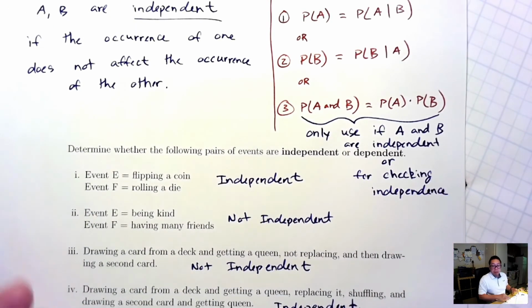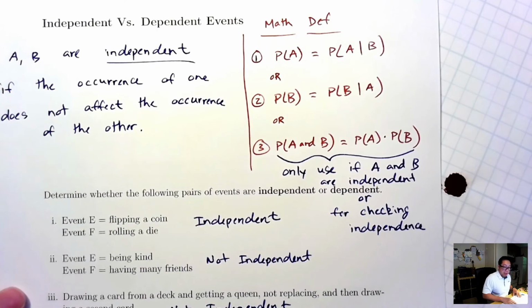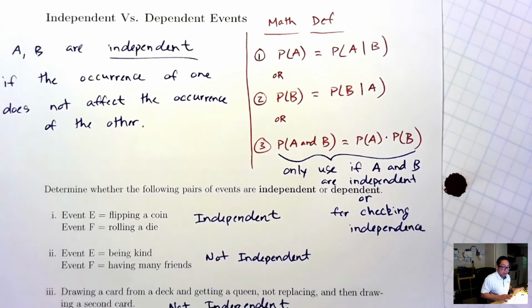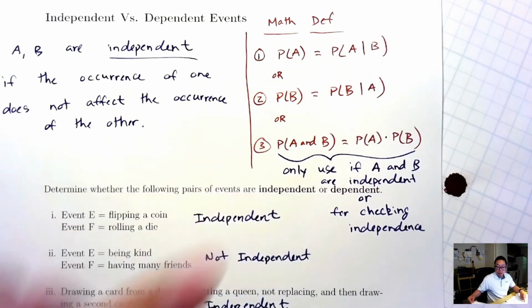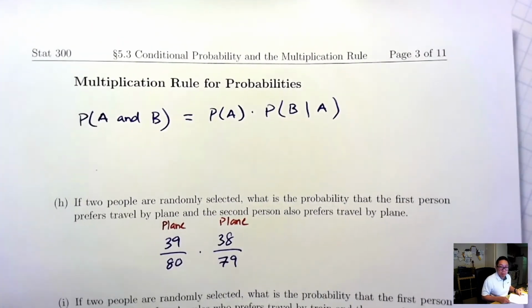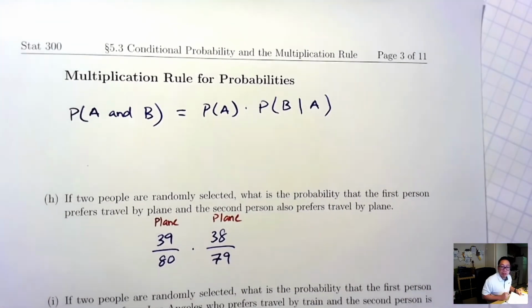In other words, if in the problem it doesn't say the word independent anywhere, you should not use this. You should be using the regular multiplication rule, which has that given part.